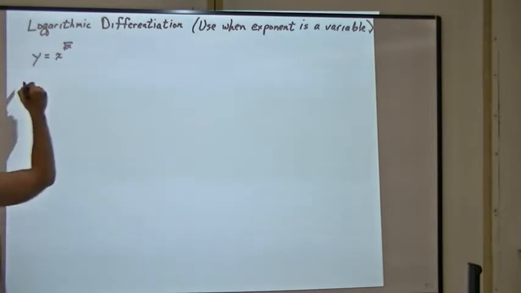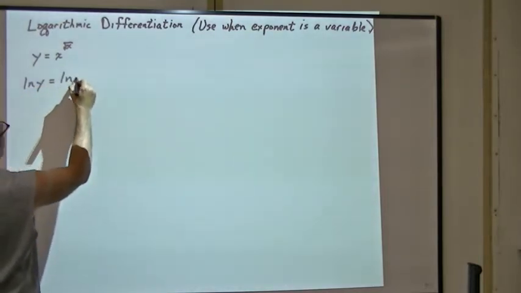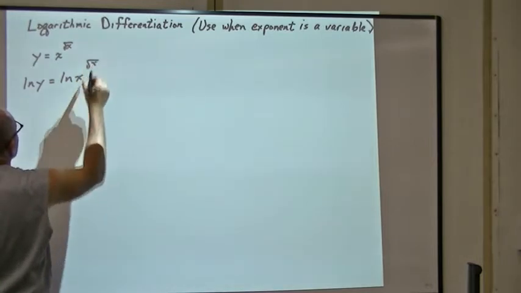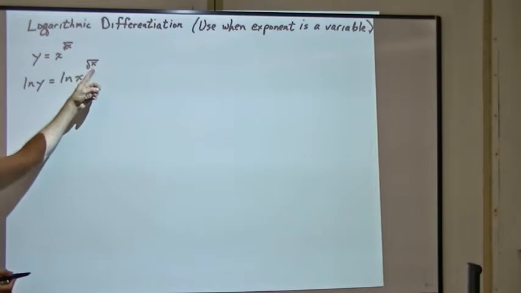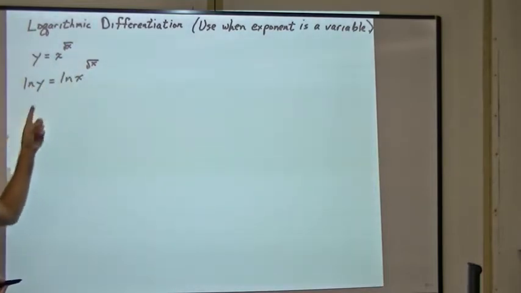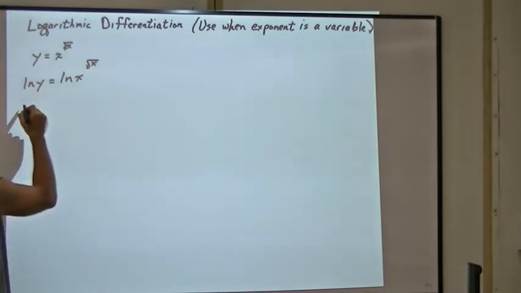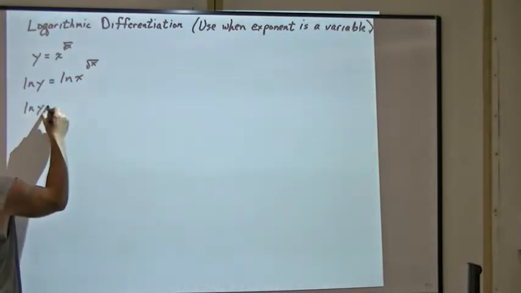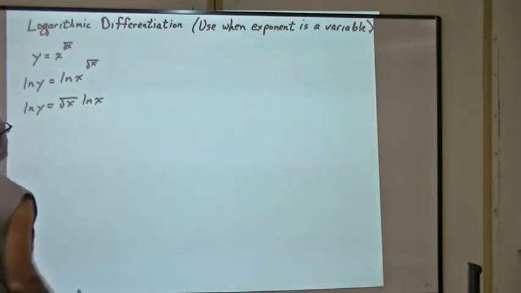So, natural log of y equals natural log of x to the square root of x. Okay, that's handy. Because what do we do with the square root of x? We bring it down in front. That's the whole reason we took natural log in the first place. So I have natural log y equals square root of x times natural log x.